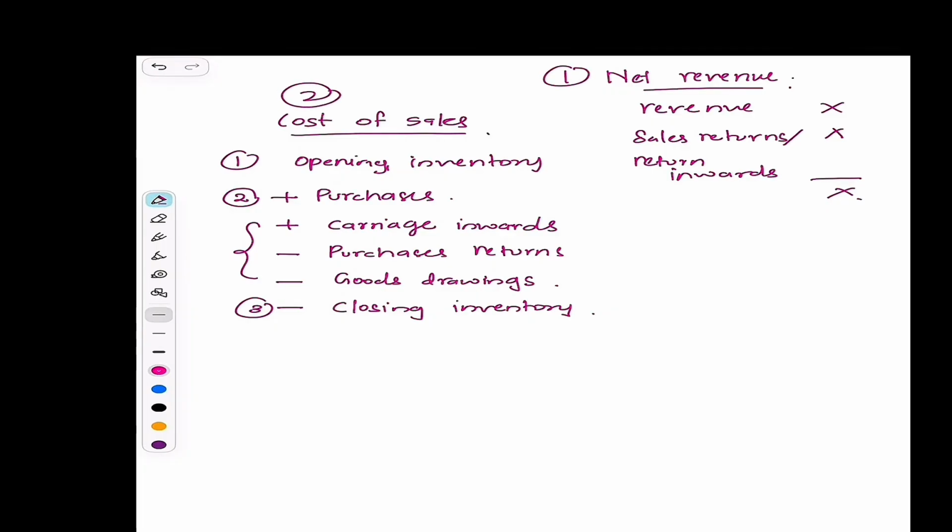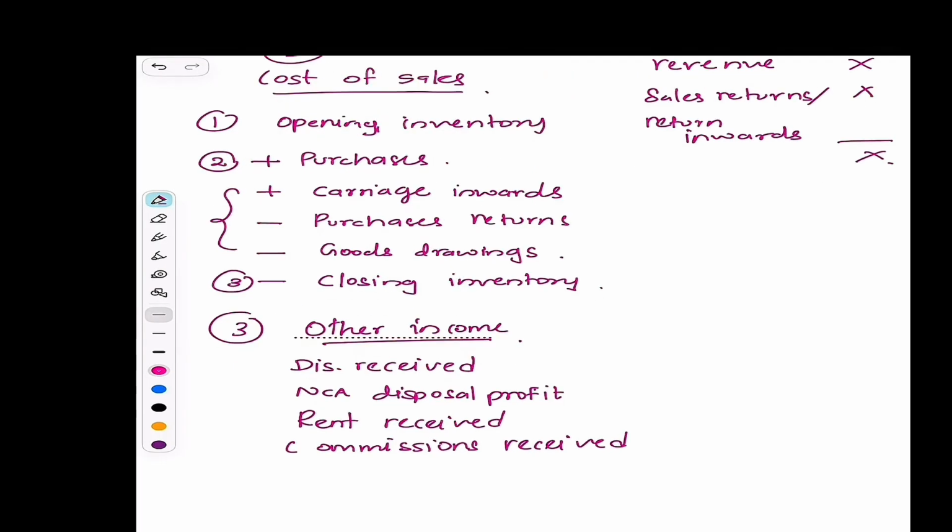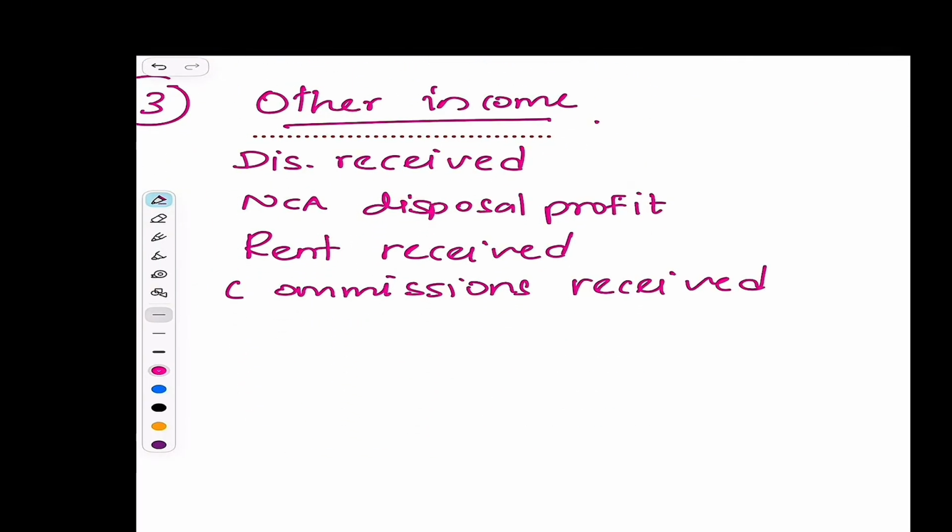Number 1, number 2, number 3, other income. You should know the items to be listed under other income, such as discount received, non-current asset disposal profit, rent received, commissions received, provision for irrecoverable debt.